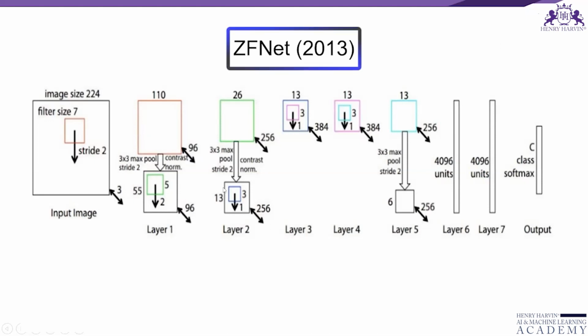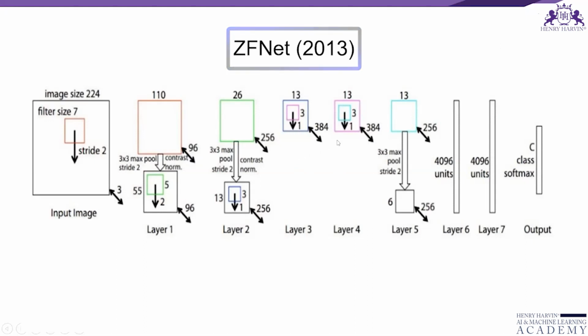After that you can see again there is convolution, maximum pooling, and then convolution, with 384 filters, and then again 384 filters.